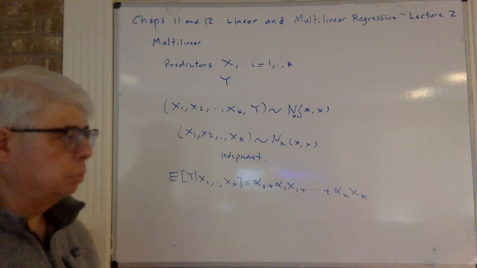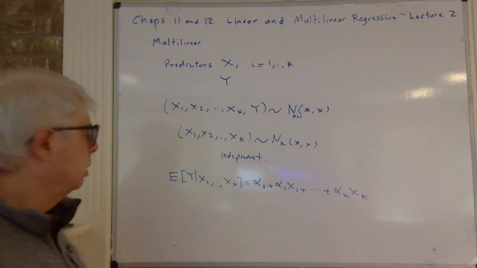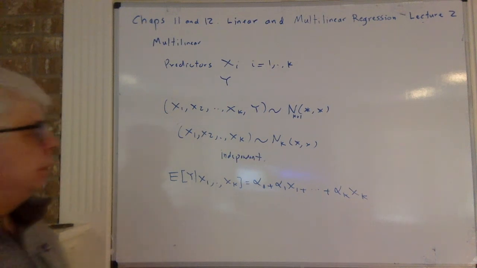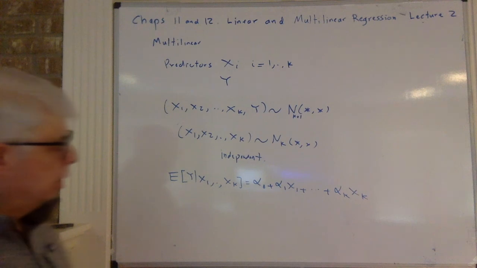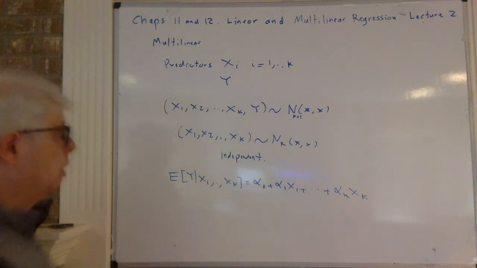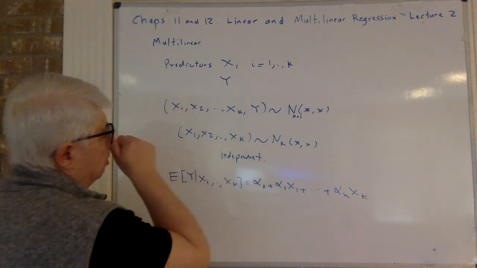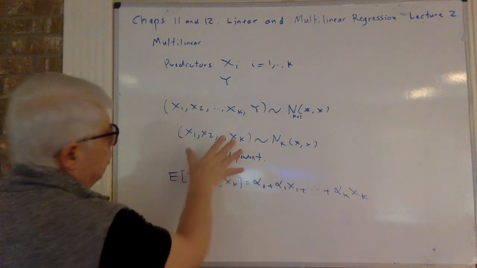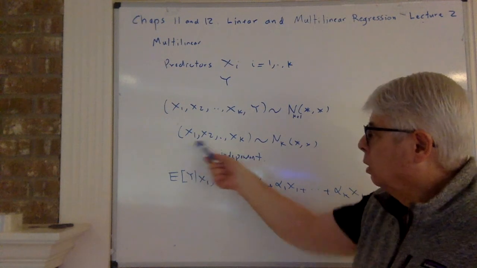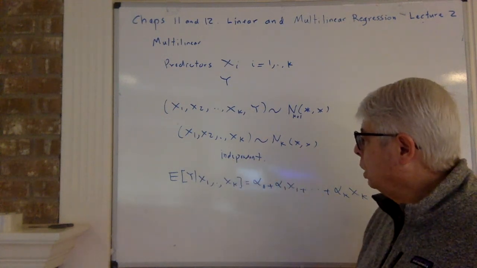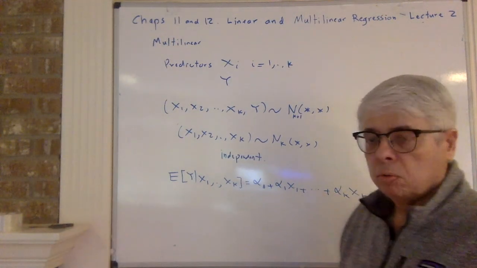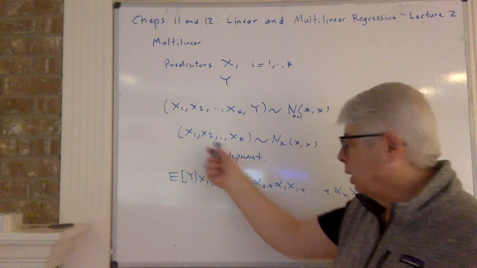So we can prove that the expected value of y, or the mean of y given the xi's, is linear. That is in fact the best situation. If they're independent, remember I told you that if I have certain random variables with joint distribution being normal, then they are independent if and only if the covariance between xi and xj is 0.